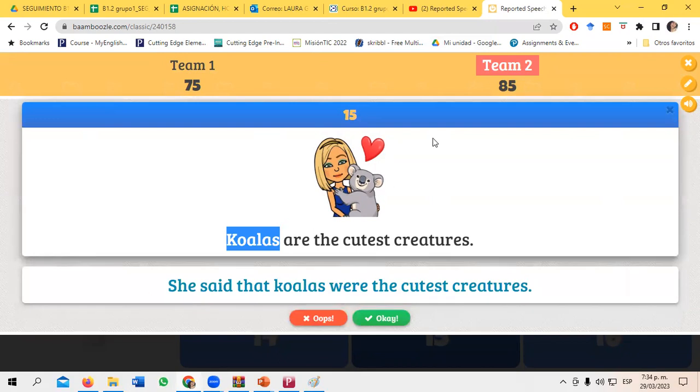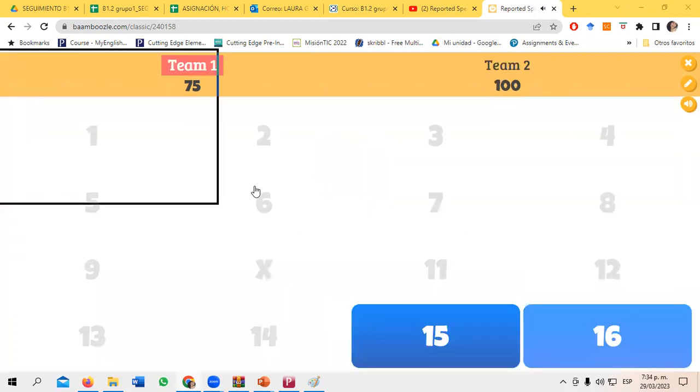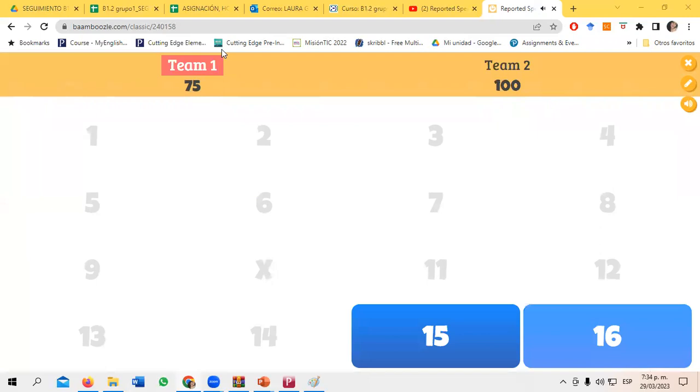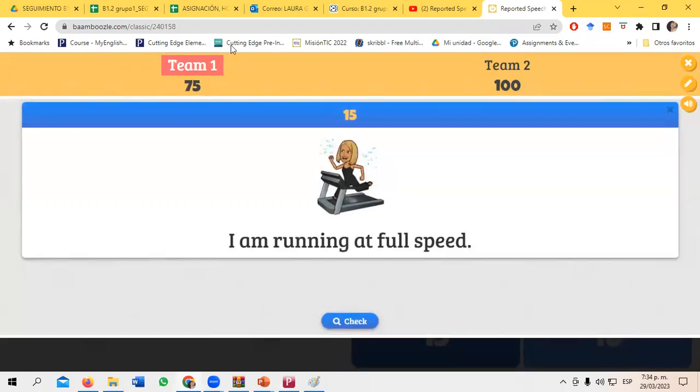Koalas were the cutest creatures. Right? Group number 1. Cindy, I think again. Okay, teacher, 15. Okay, number 15. "I am running at full speed."